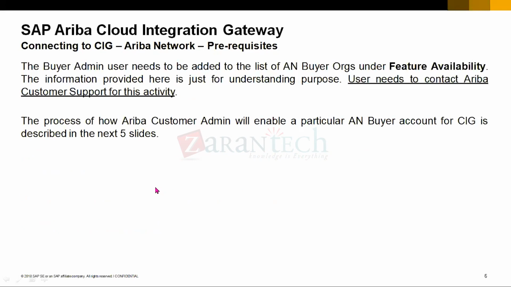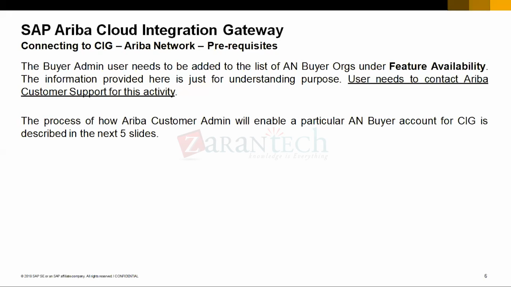And once we are ready to enable the CIG, as I said, in these cases we have a two-step activity. The initial step will be done by the Ariba shared service team. And after that, in step 2, we have to enable the CIG as the Ariba consultant. So this process includes a two-step activity.